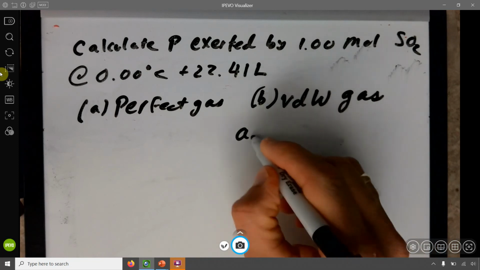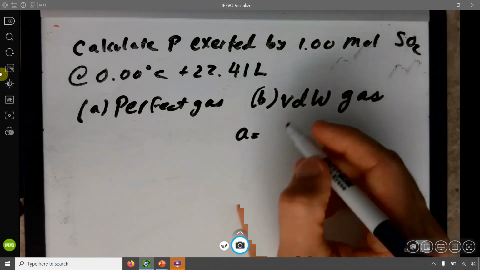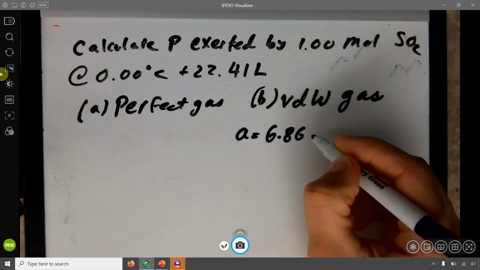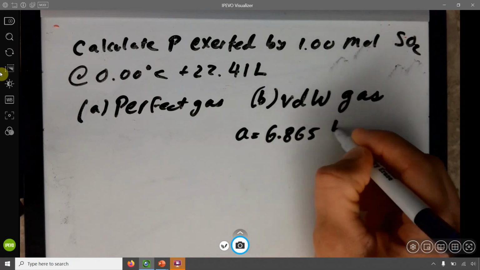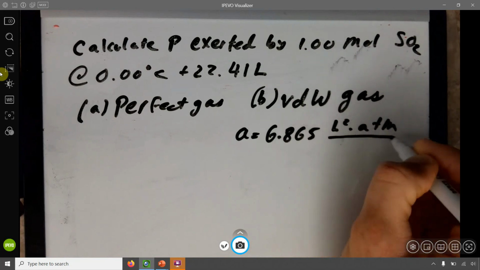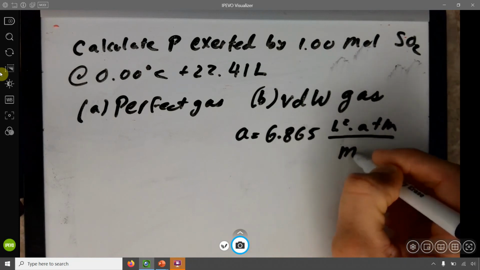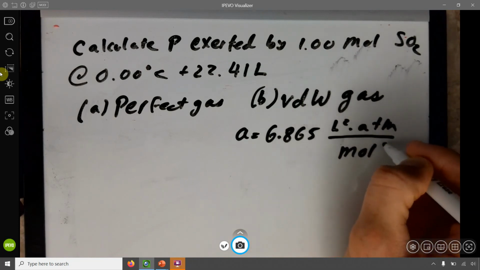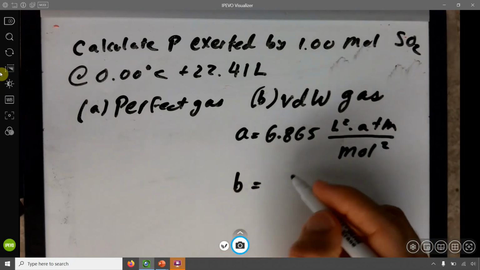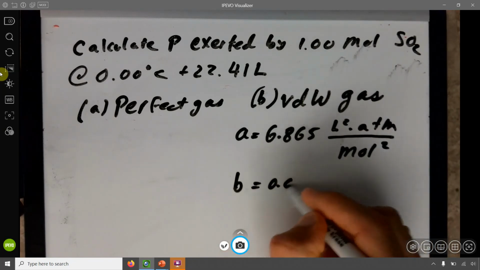Because these A's and B's are not something you can just calculate. Well, I mean, you can, but you won't in this class. 6.865 liters squared. And look here, the A and B that I'm giving you will inform you as to which R you should probably use, because they have embedded in them units.